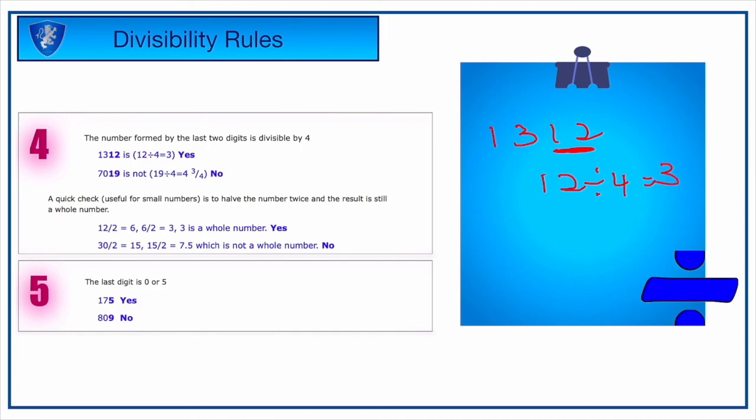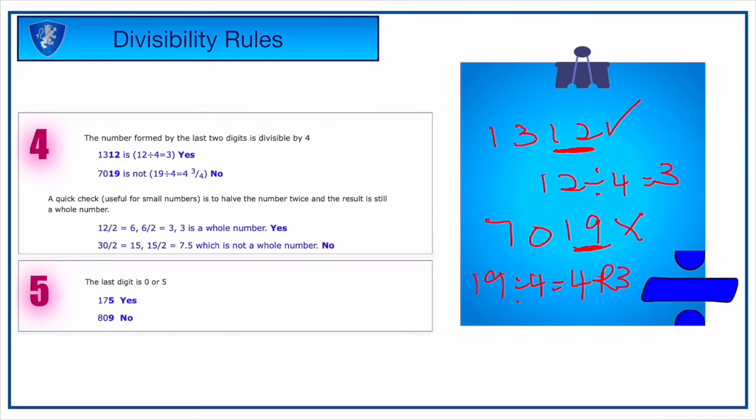And if you look at the second number, which is 019, the number formed by the last 2 digits is 19. If you attempt to divide 19 by 4, it gives you 4 with a remainder of 3. So this number is not divisible by 4. So I'm going to reject it. And those are the tests for 4.